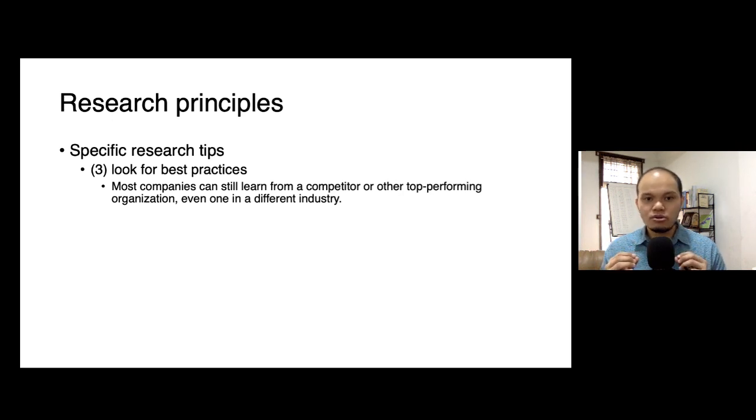So that is what you're trying to look for as regards best practices. It could be something that maybe one or two companies are doing, but they actually produce great results. So aside from looking for outliers, you also look for best practices. And a combination of that, you also look for outlier best practices. That's also a possibility.